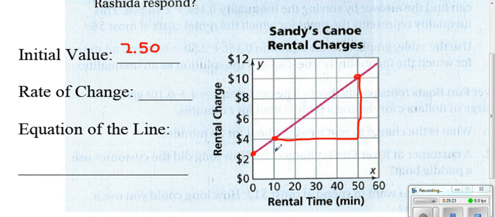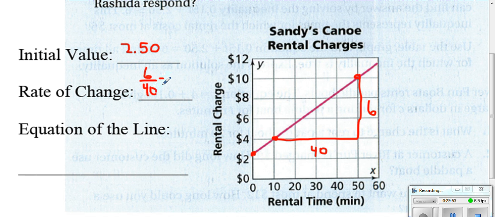Okay, and I'm going to count. I'm not counting 1, 2, 3, 4 because this is going by tens. So I'm going to do 10, 20, 30, 40. Now I'm going to count by twos because this is going by twos. 2, 4, 6. So the rate of change is 6 over 40.